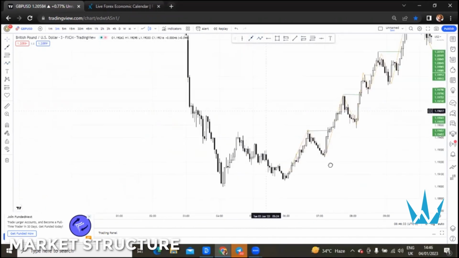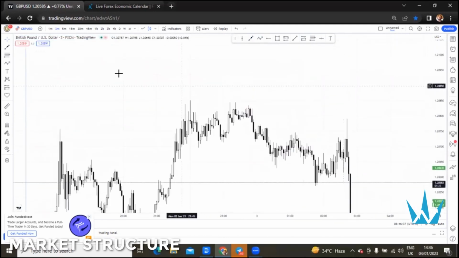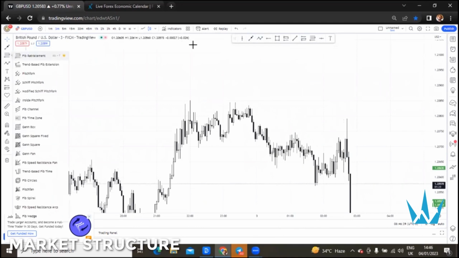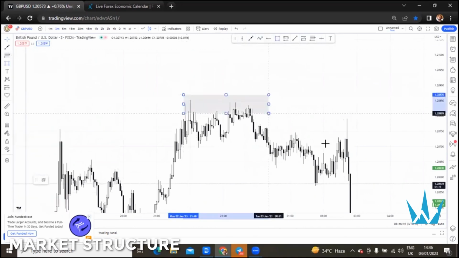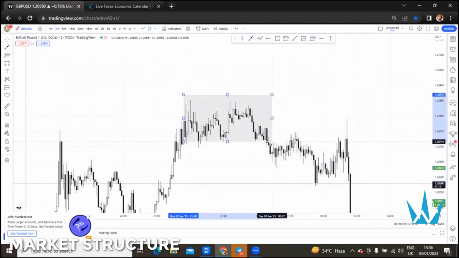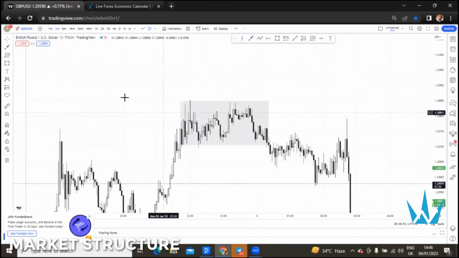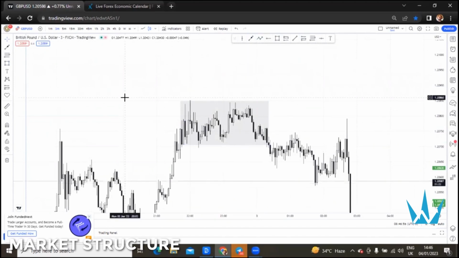Perfect scenario. So looking for a rangy market, we're going to use this as an example. Okay, I'm going to draw a rectangle to highlight this, and this is an example of a rangy market condition. As you can see, price right here is not moving anywhere. A smaller scale of range market is known as consolidation, but if it's larger, it's known as the range.